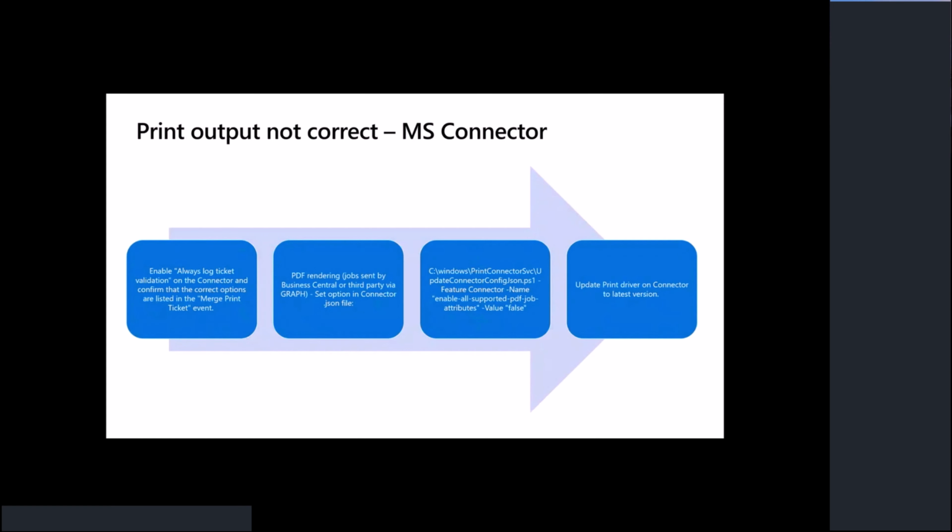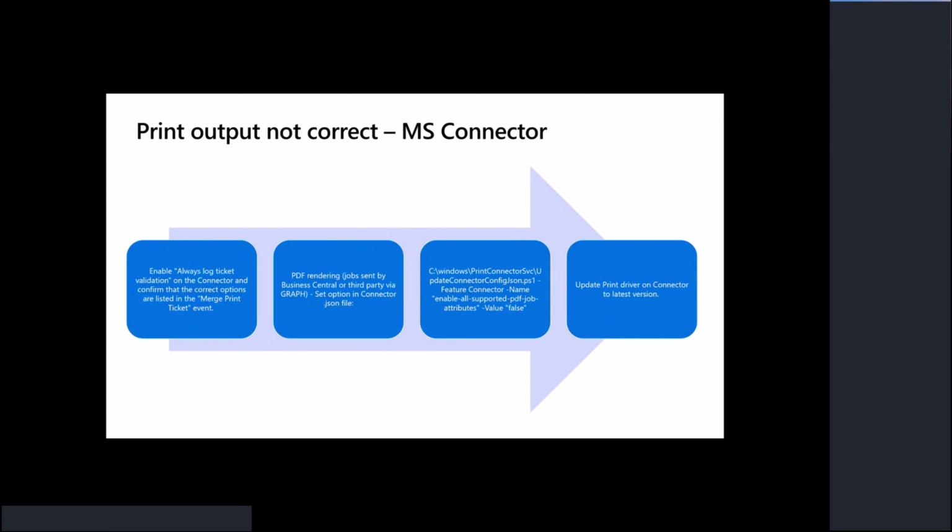Next slide. The print output's not correct. A lot of times, one of the things we're going to recommend is making sure that it's got the latest print driver on the server. If you're using a connector, we have some options to enable some things on the connector logging so that we can take a look and see what that print ticket looks like.